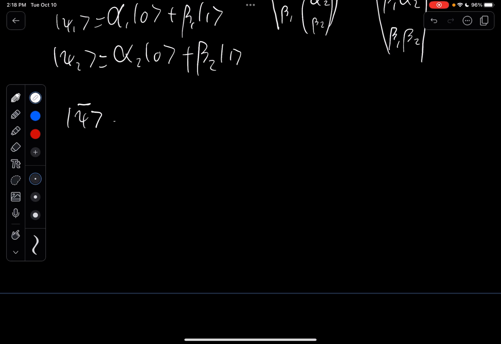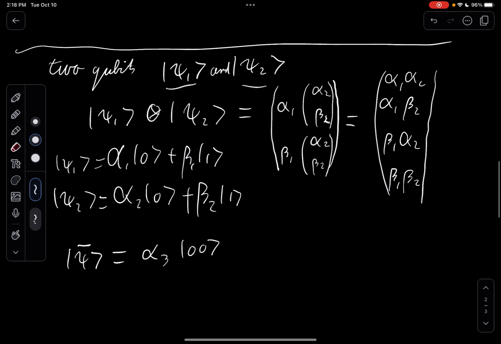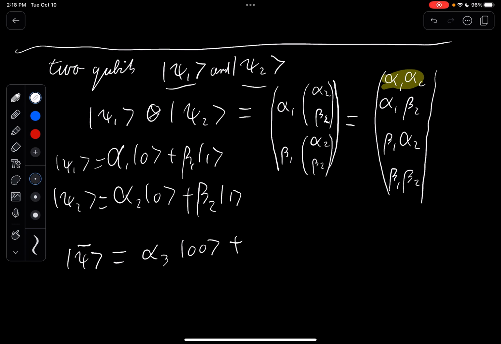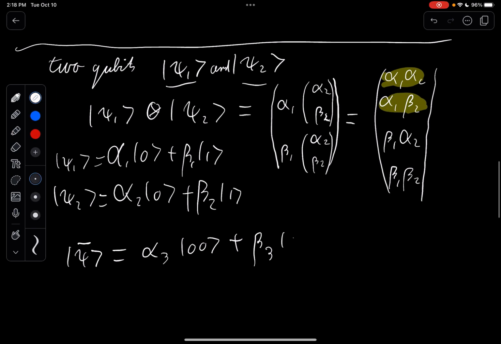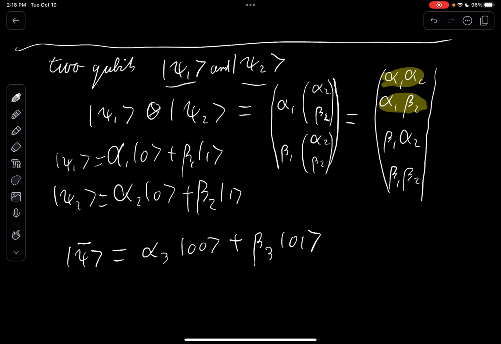This is now a 2-qubit state, and I can describe it as some coefficient alpha 3 times |00>, that corresponds to this entry here, plus beta 3, which corresponds to this entry here, plus gamma 3 |10>, and finally plus delta 3 |11>.